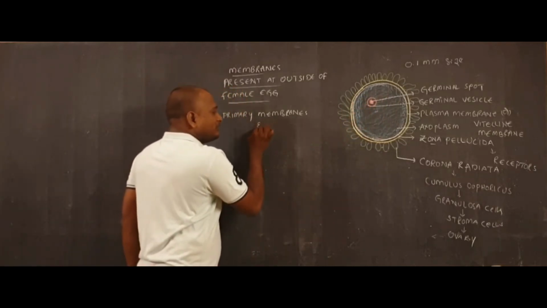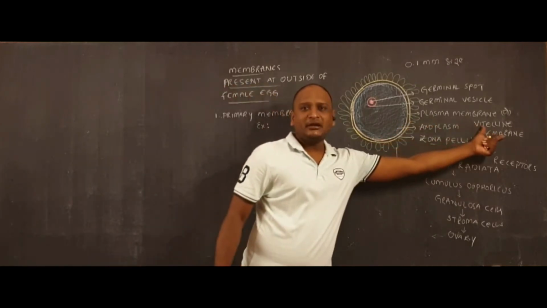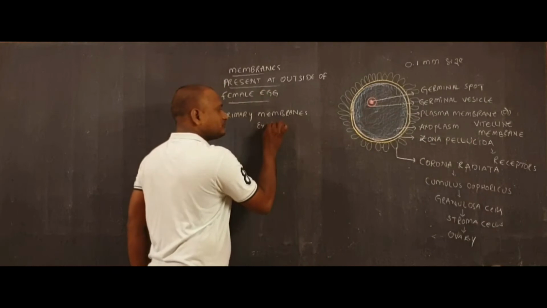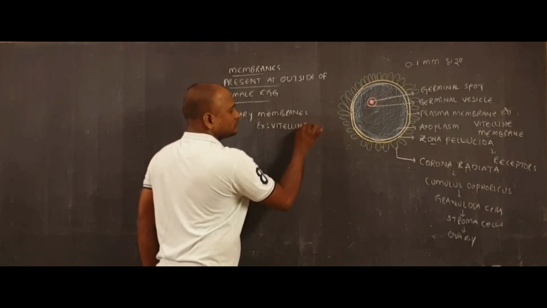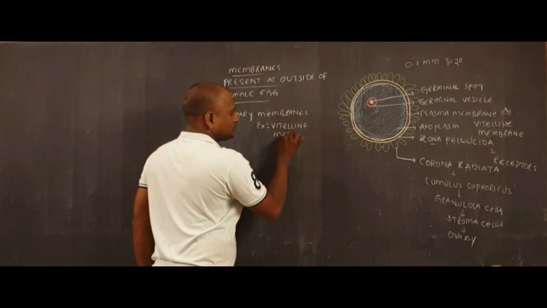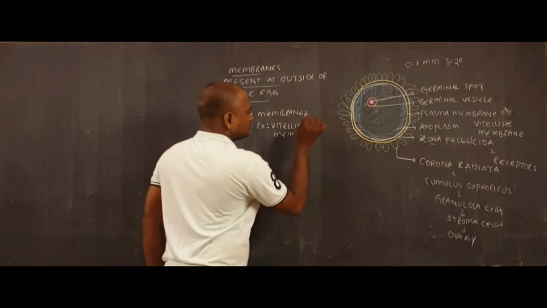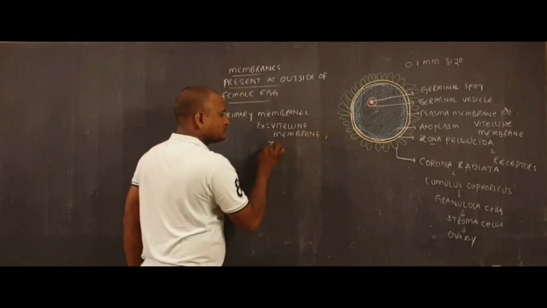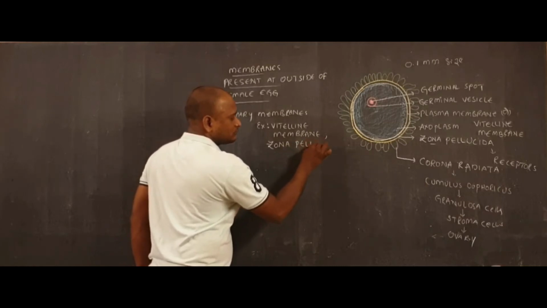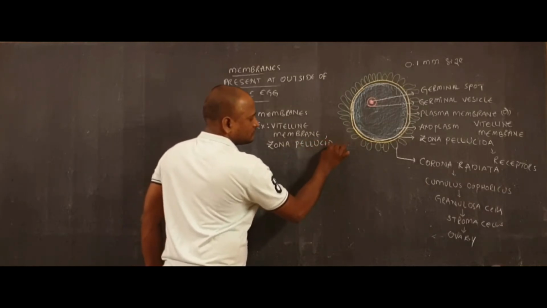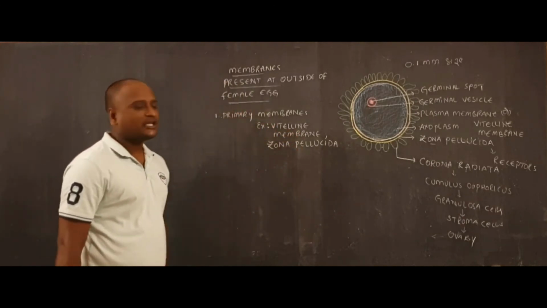For example, vitelline membrane and zona pellucida. So these two are examples for primary membranes.